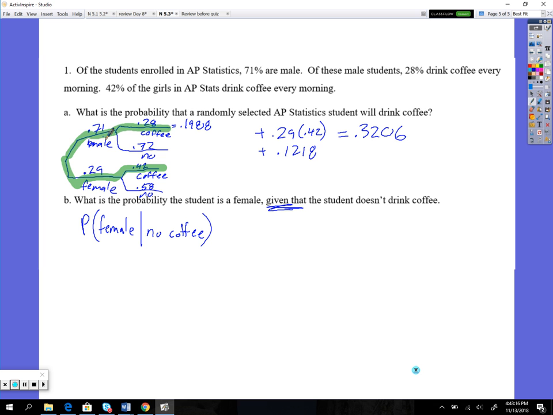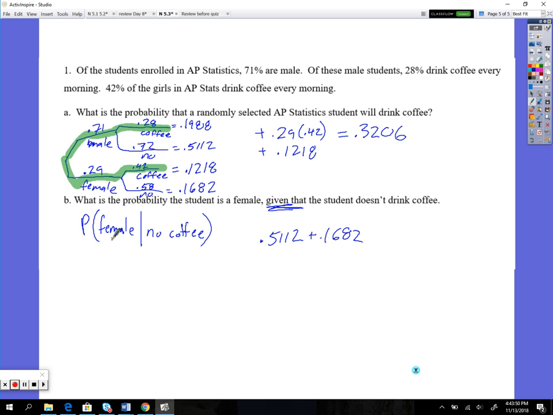If I multiply 0.71 times 0.72, we should get 0.5112. Multiplying these two numbers together, you get 0.1682. So now, the probability that somebody doesn't drink coffee, no coffee, remember that can be male no coffee, female no coffee. So that's going to be 0.5112 plus 0.1682.